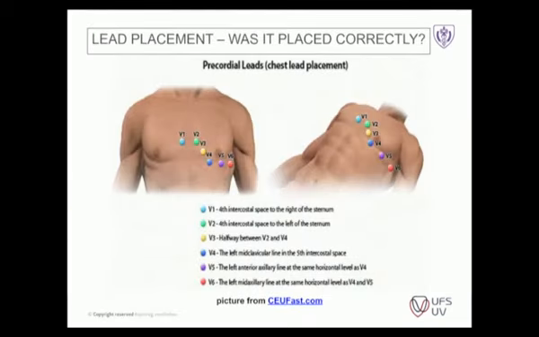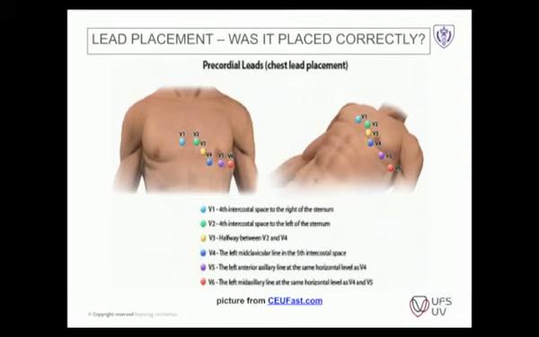I was worried that there was a problem with the lead placement, and this picture just reminds us of where to put our chest leads. V1 and V2 left and right of the sternum in the fourth intercostal space.